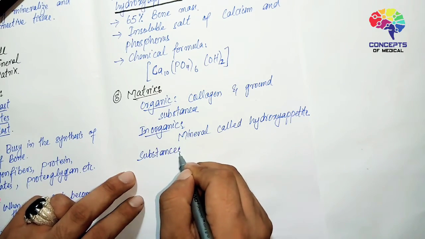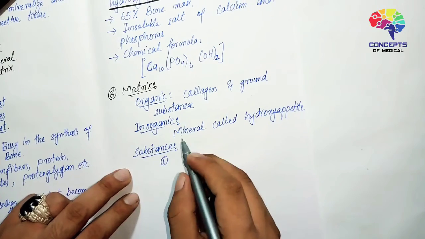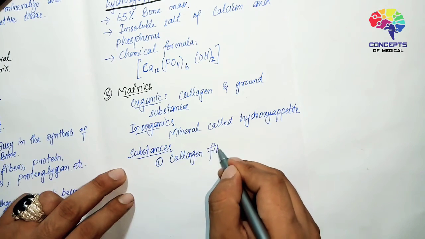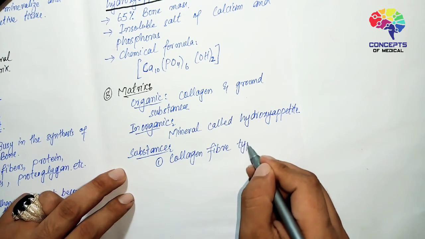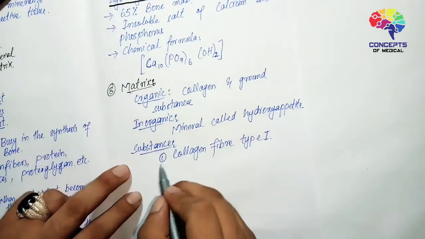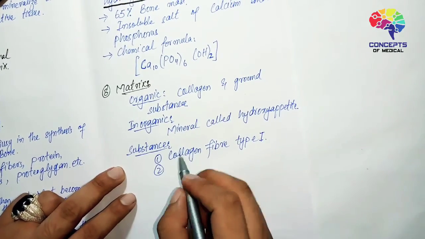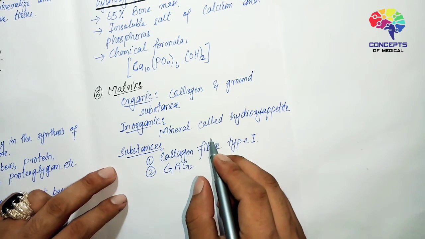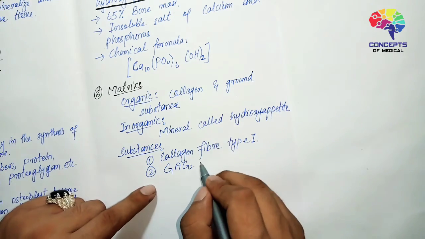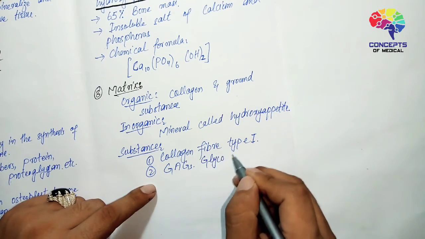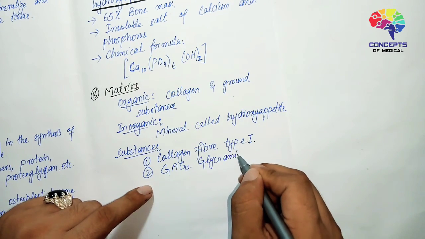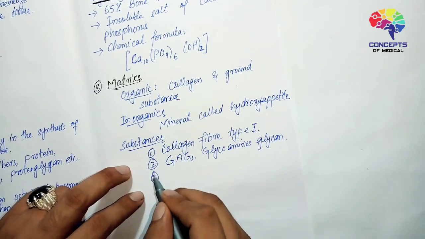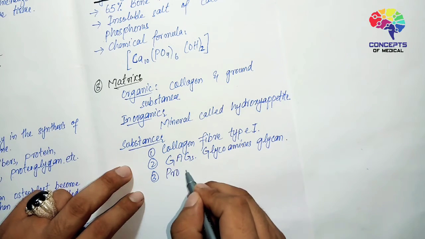So what substances are present in the matrix, right? The first one we have is collagen fibers type 1, right? Type 1 is the most present in our matrix, and the second one is the GAGs. What is GAGs? GAGs are glycosaminoglycans. The third one here is proteoglycan.